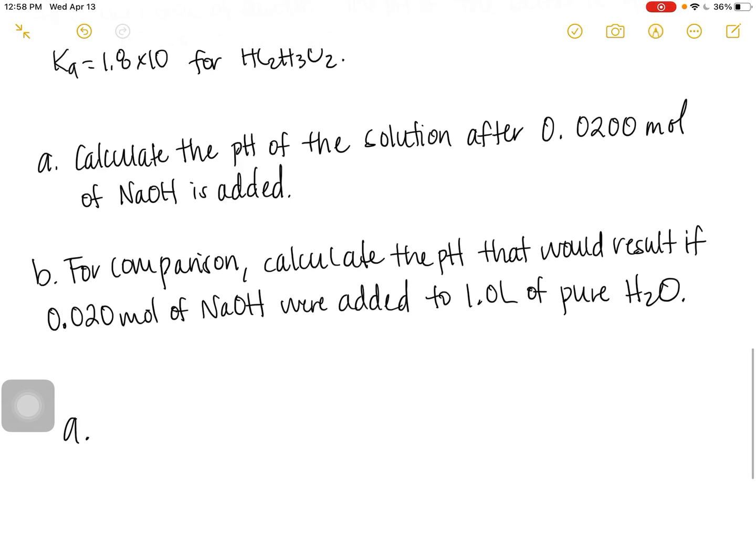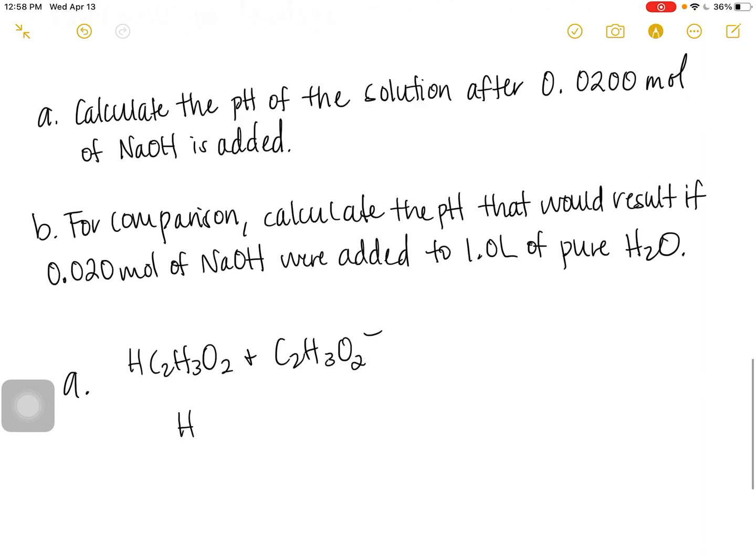Okay, so we're going to solve A. To solve A, I need to write the reaction. I have a buffer situation, right? We know I have a buffer because I have a weak acid and its conjugate base, which was coming from the sodium acetate. I am reacting a strong base with this buffer, which means the OH minus is going to react with the acid component of the buffer.